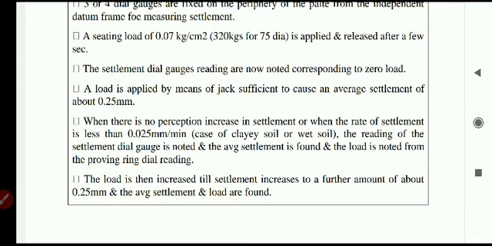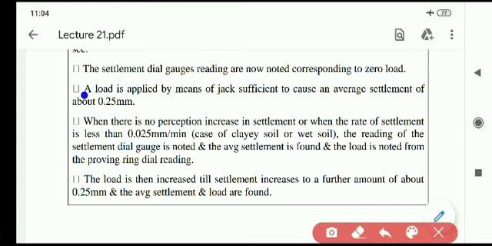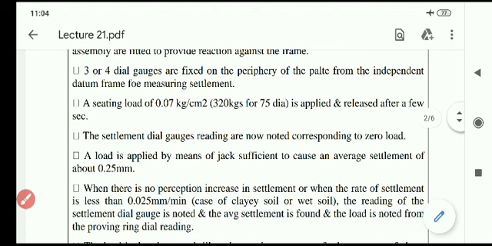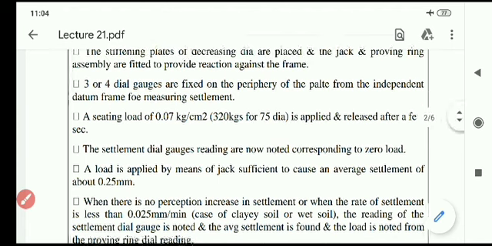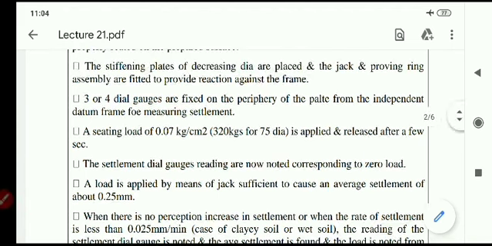A load is applied by means of jack sufficient to cause an average settlement of about 0.25 mm. At the initial stage the load applied is known as seating load.